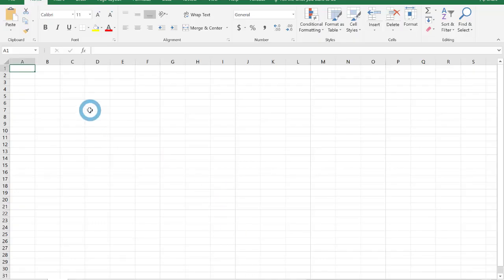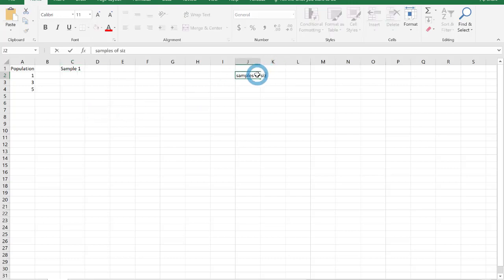So if I just went to an Excel spreadsheet and I picked a very small population of odd numbers, let's say I picked 1, 3, 5. So that's my population. Let's just say I picked samples of size 2 from this population.